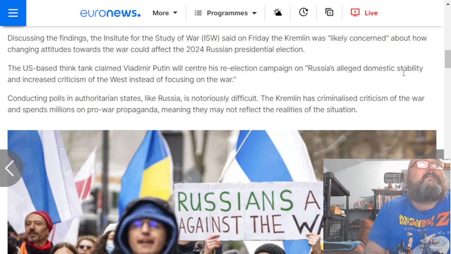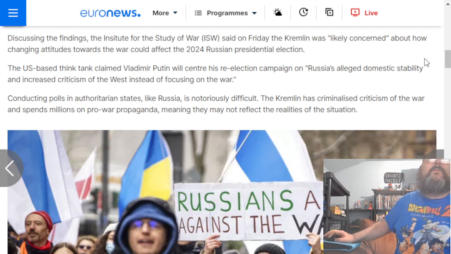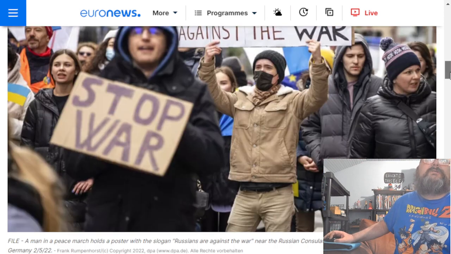Conducting polls in authoritarian states like Russia is notoriously difficult. The Kremlin has criminalized criticism of the war and spends millions on pro-war propaganda, meaning polls may not reflect the realities of the situation.